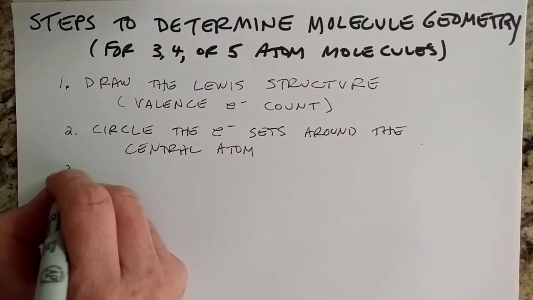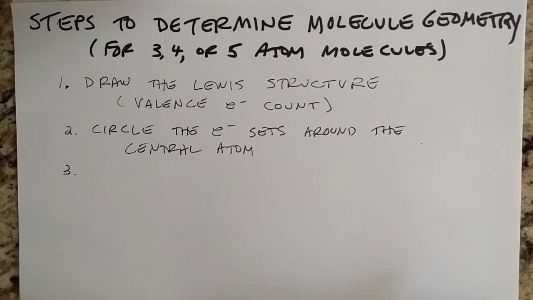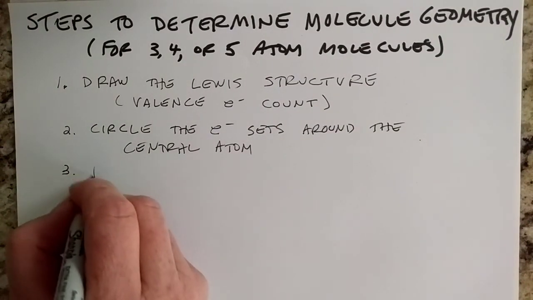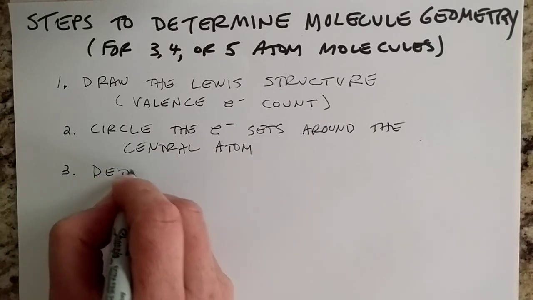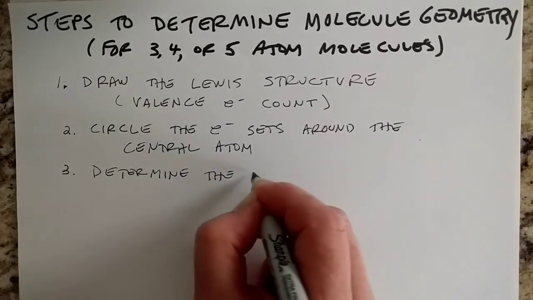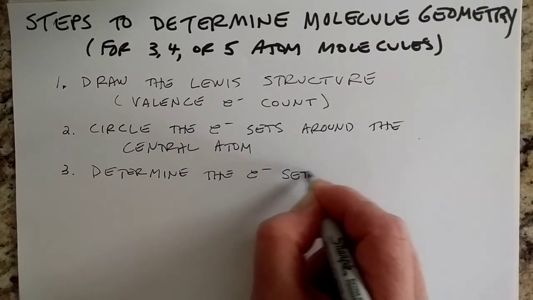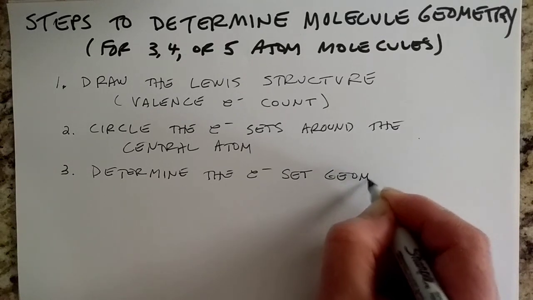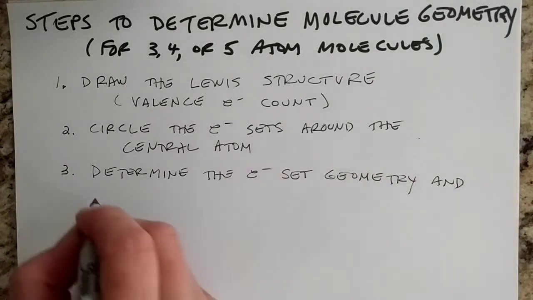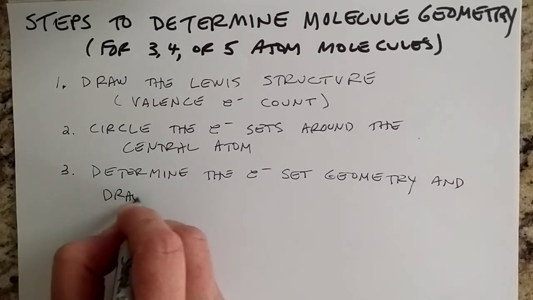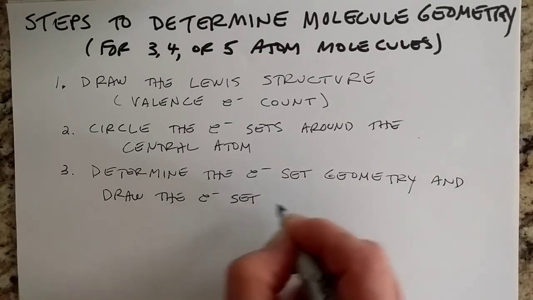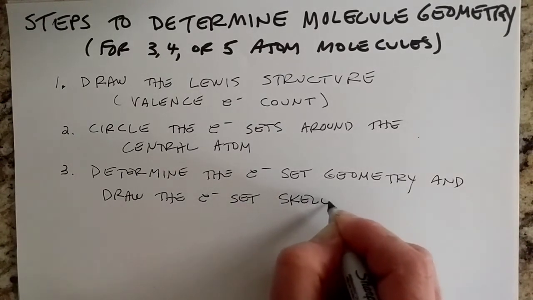All right, after we do that, step 3, then we're going to determine the electron set geometry. And we have those 3 that we just looked at. Determine the electron set geometry. And then you're going to draw the electron set skeleton.